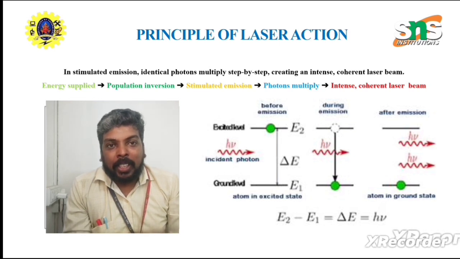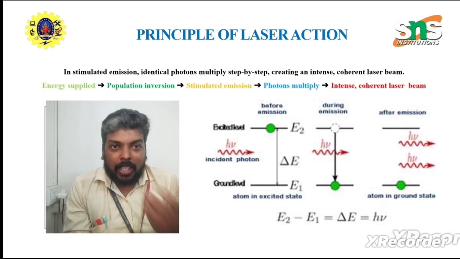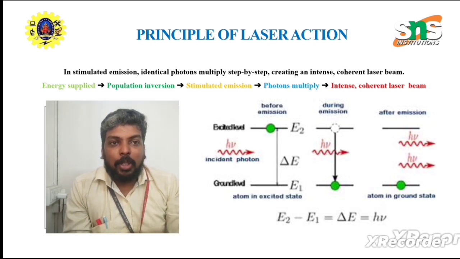We have to supply the energy, then introduce population inversion, that is, invert the atomic states, and stimulate the emission. Once the population inversion state is achieved, the stimulated emission will come out of the atoms, and it will be multiplied. We multiply the emission to get a highly intense laser beam.